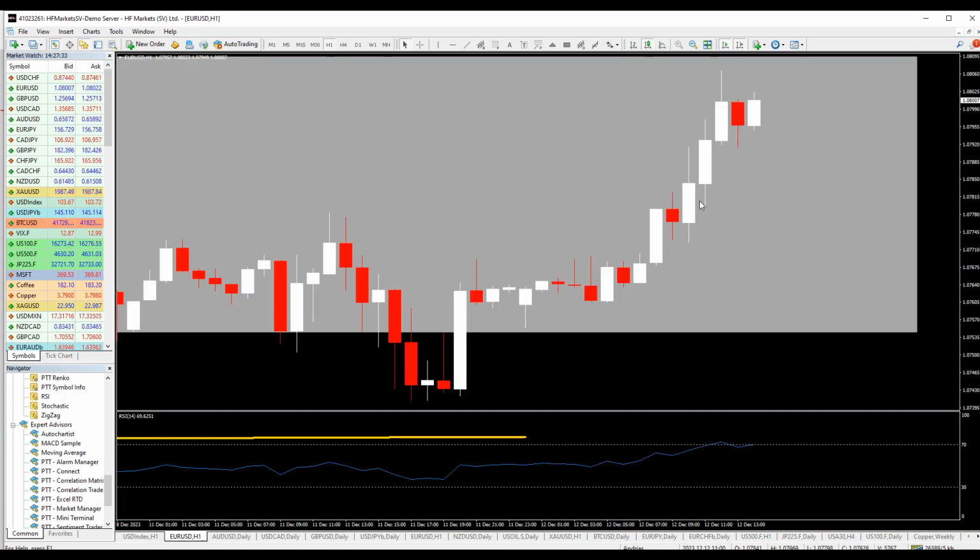So, a decline in the US dollar, weakening in the near term at the key barrier against the euro at 1.08, ahead of the reading in an hour.